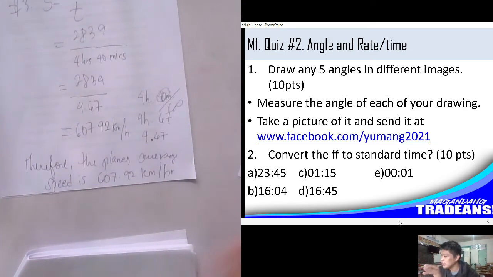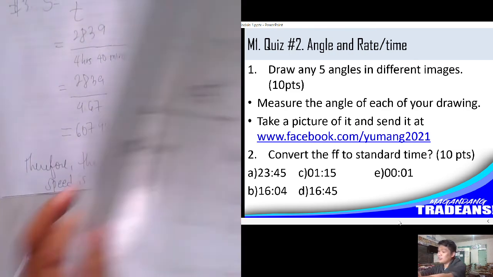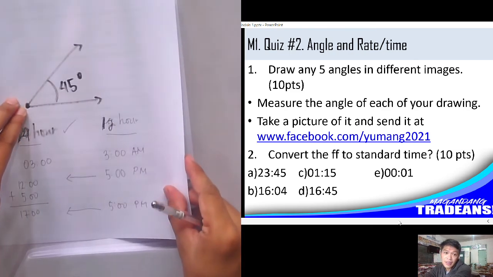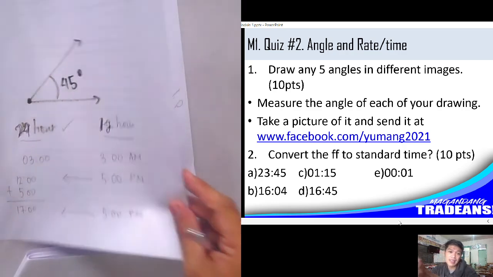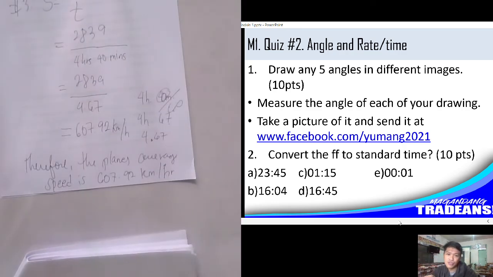Tulad nung kanina, nung ginawa ko, different angles. 5 ganito, different, magkaibang sizes, magkaibang itsura, at saka magkaiba ng pababa ba, pataas, pa left, pa right. Depende sa inyo. Then, take a picture of it and send it at facebook.com/humang21 with the measure that you have. Gagamitan nyo siya ng tinatawag nating protractor para ma-measure.